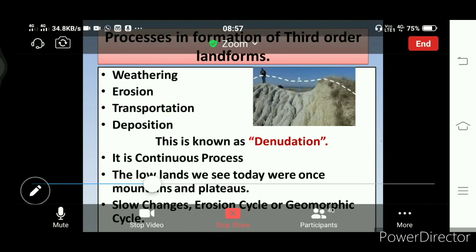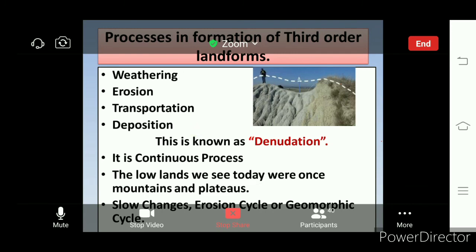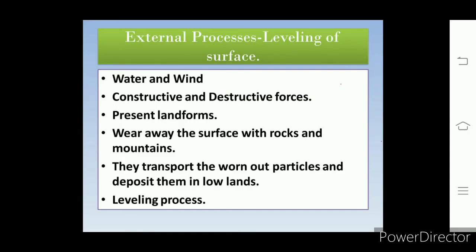So what are those processes? We see here wind and water. These are natural agents. We call them constructive and destructive forces. See, a mountain is destructed and formed into plateau. So mountain is destructed, so water and wind are called destructive forces.